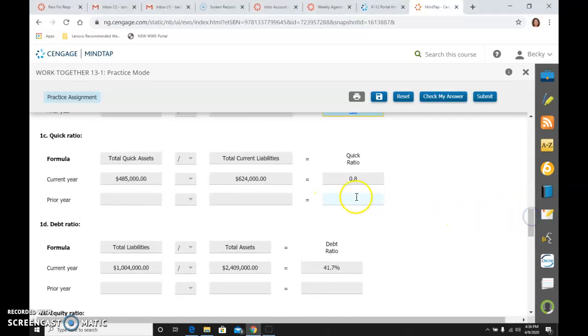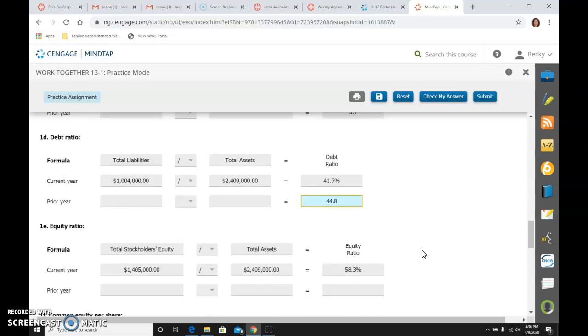Quick and debt. Now I will move to the equity ratio. And again, don't forget the 41.7 and 58.3 adds to 100%. 44.8 and 55.2 add to 100%.